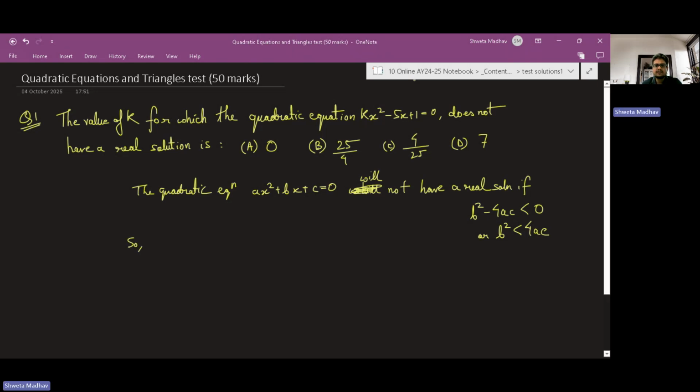So it means here the quadratic equation kx square minus 5x plus 1 equal to 0 will have no real solution.